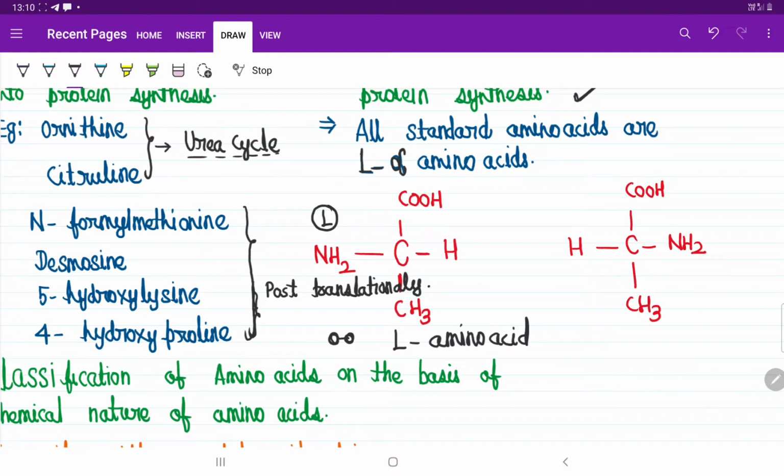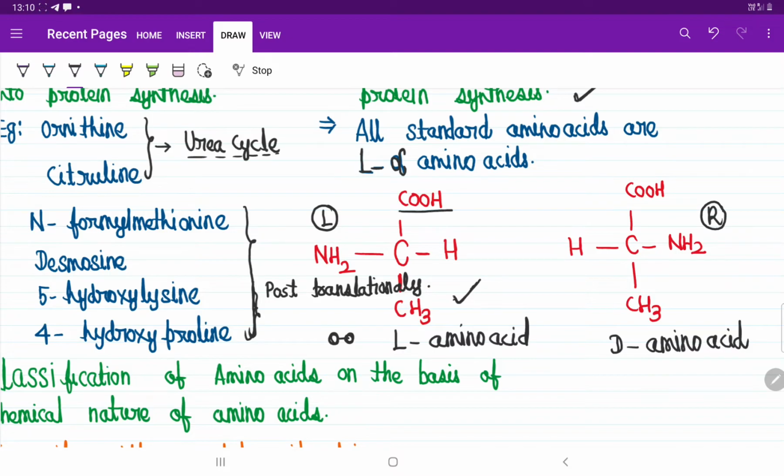Now here, is the amino group present on the left or right? It's present on the right hand side, so we will call it D amino acid. These D amino acids are rare in nature. Many places they are present, like in the cell wall of bacteria, but that is a different thing. All these standard amino acids are L alpha amino acids.